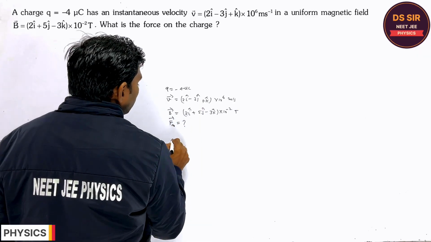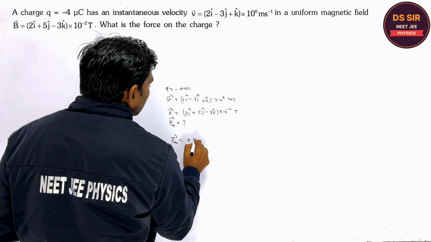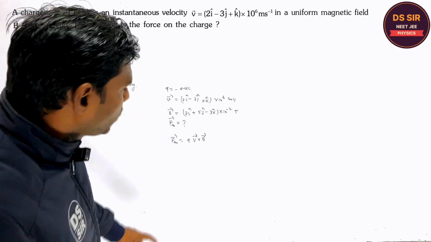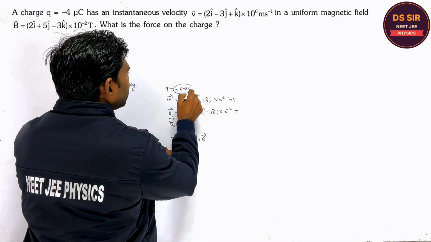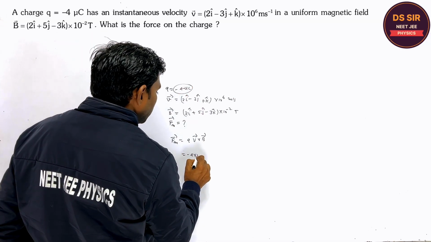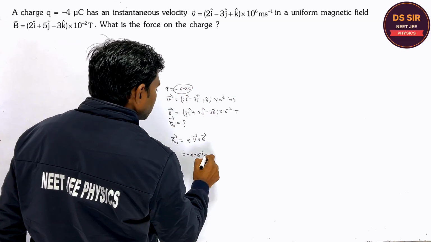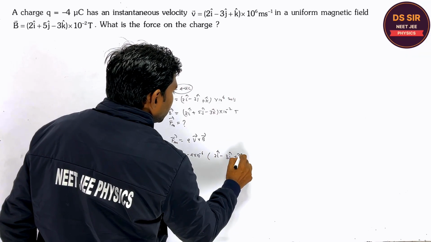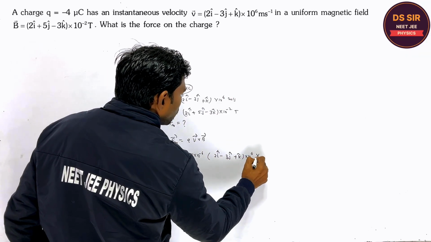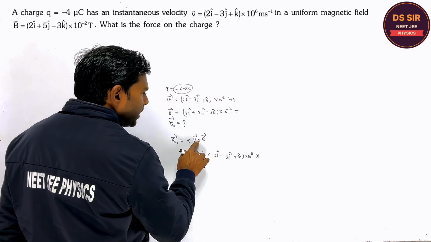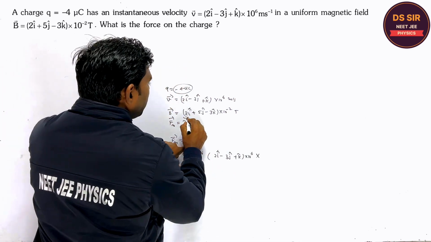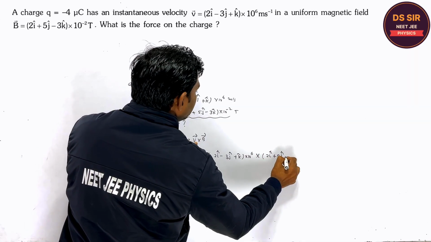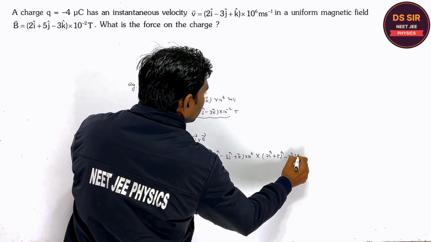So what is the magnetic force formula, you tell? Q V cross B. All right. Here the charge will be put with the sign: minus 4 microcoulomb. What is the velocity vector? 2i minus 3j plus k, into 10 to the power 6, cross, this is not multiply, it is cross, with the magnetic field vector, 2i plus 5j minus 3k, into 10 to the power minus 2.